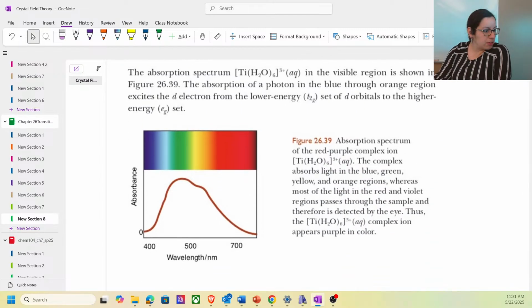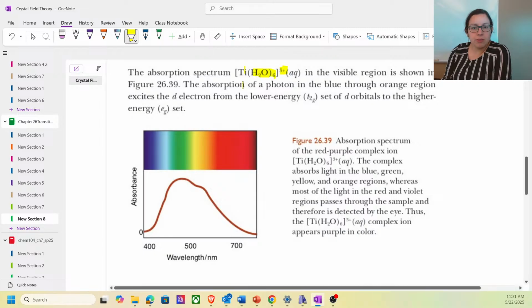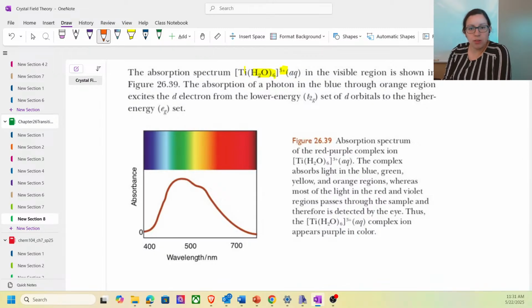And so, just an example of how we would start to look at this data. Now we have this octahedral complex, with titanium 3+ there, so we can tell titanium is in the 3+ oxidation state since we have our neutral ligand.